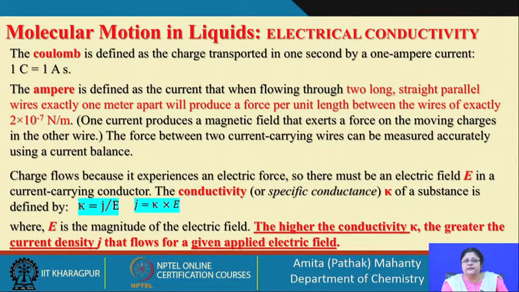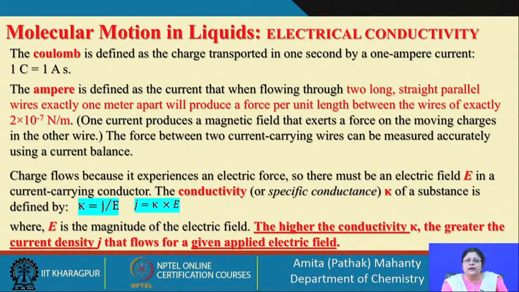So, for a fixed electrical field, which we usually fix by applying a voltage or potential of an exact value that can be measured, because we usually use a battery or some system to generate the electric field, if that is held constant, then the conductivity of a particular species will be directly proportional to the current density of the charge which we are looking into.